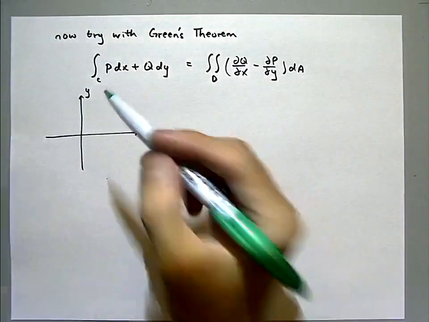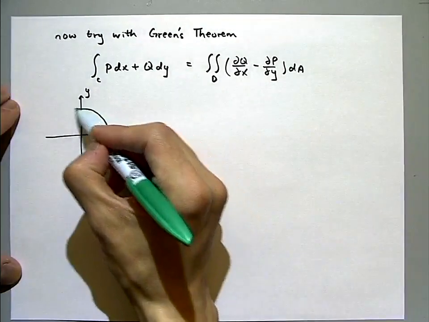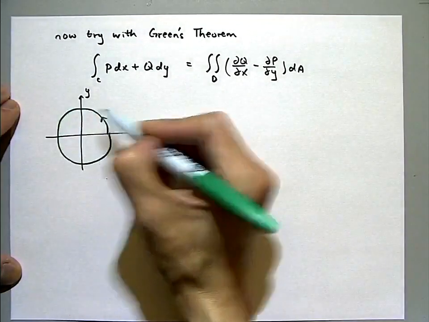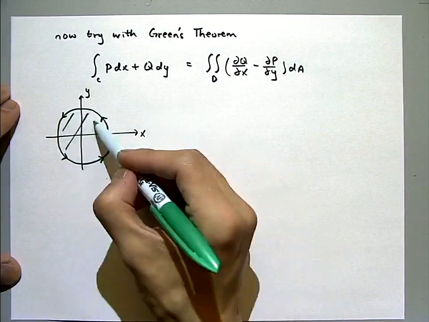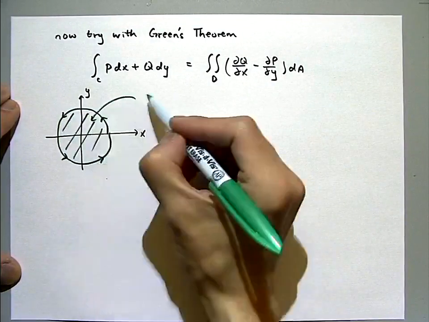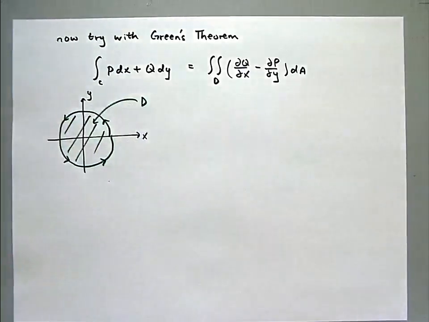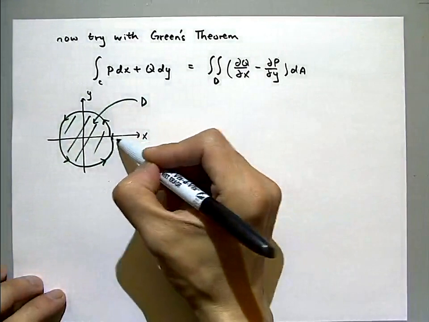And we're still talking about the same C, circle of radius 1 going around counterclockwise. And now we have this region that we're going to integrate over. That's a circle.